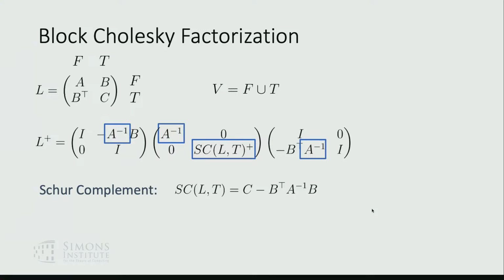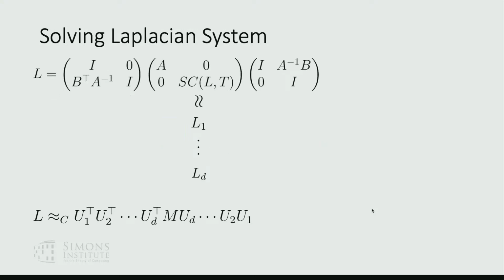Right? So does this broad approach help? I will need two things: A that is easy to invert, and how do I recurse on the Schur complement? These are the two things I need to specify. So if you unfold the recursion, here's what I'm going to do.